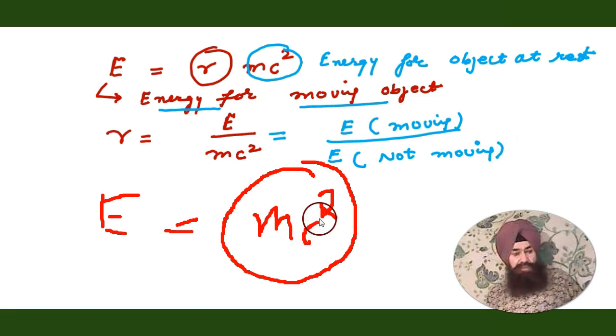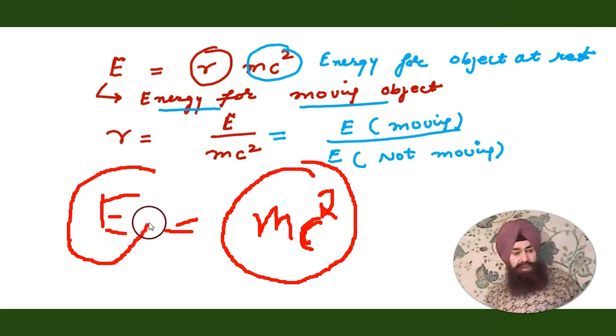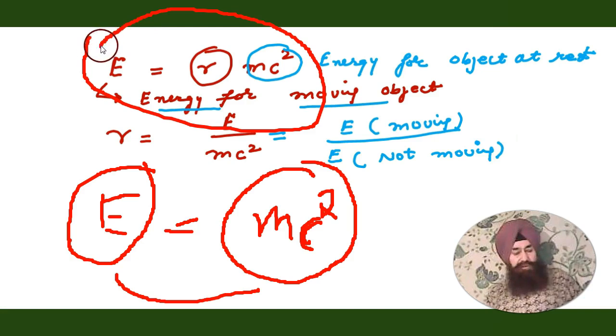The object is at rest. So this is a good equation, Einstein's famous equation. Energy and mass are interconvertible. But if the mass moves approximately with the velocity of light, then you use the other equation. And for the photon, it is advisable to use E² equals (Pc)² plus (mc²)².